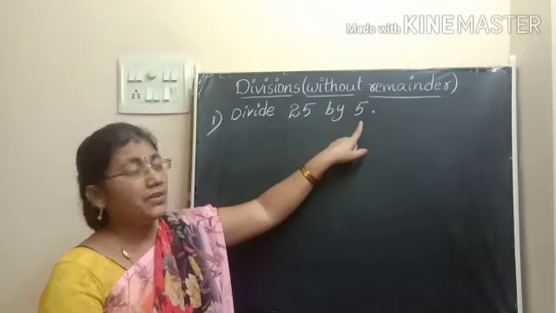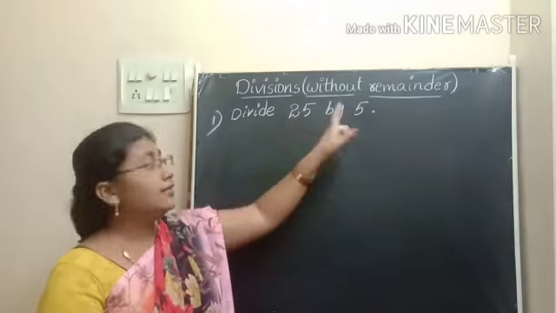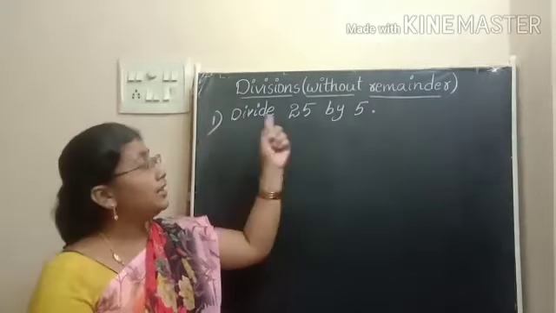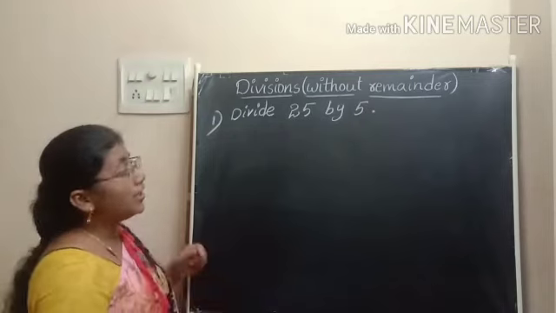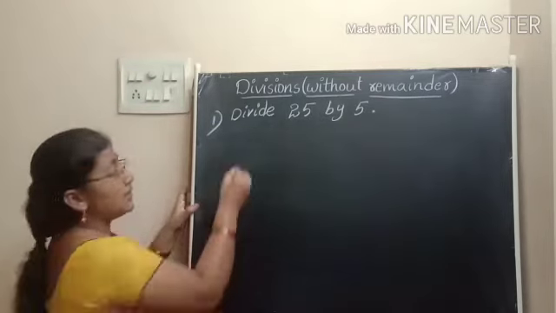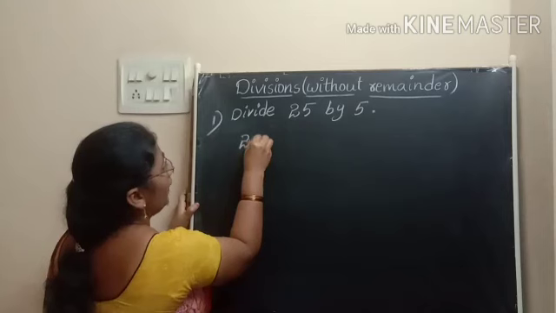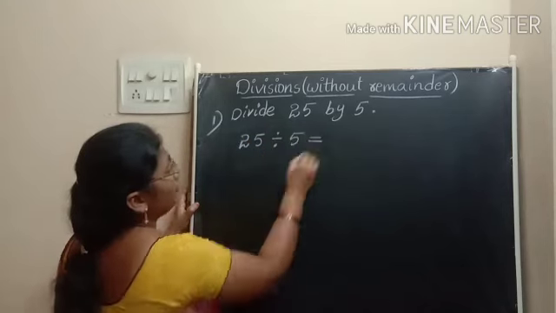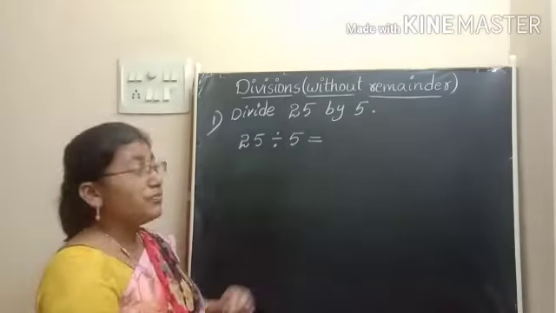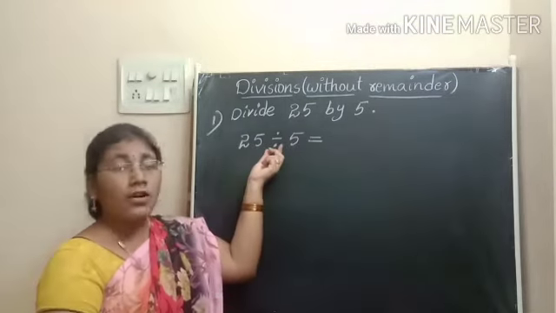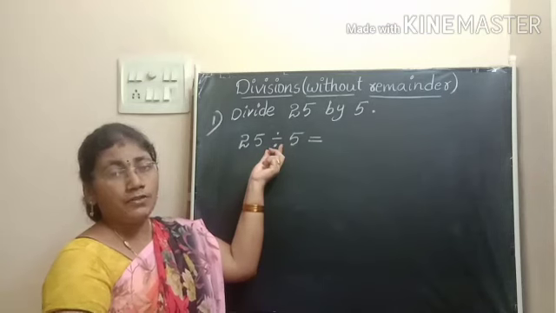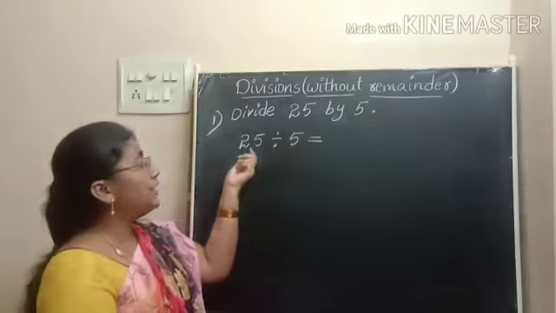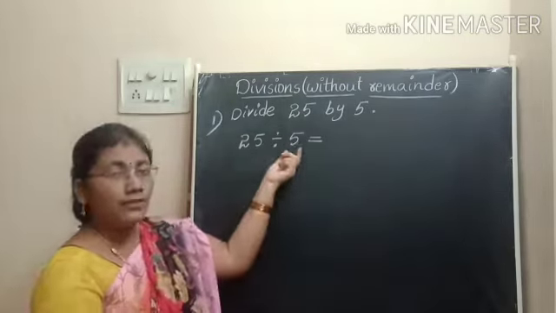Divisor is always less than dividend. Now we can write this as 25 divided by 5. This symbol is called divided by. We can use this symbol to represent division.